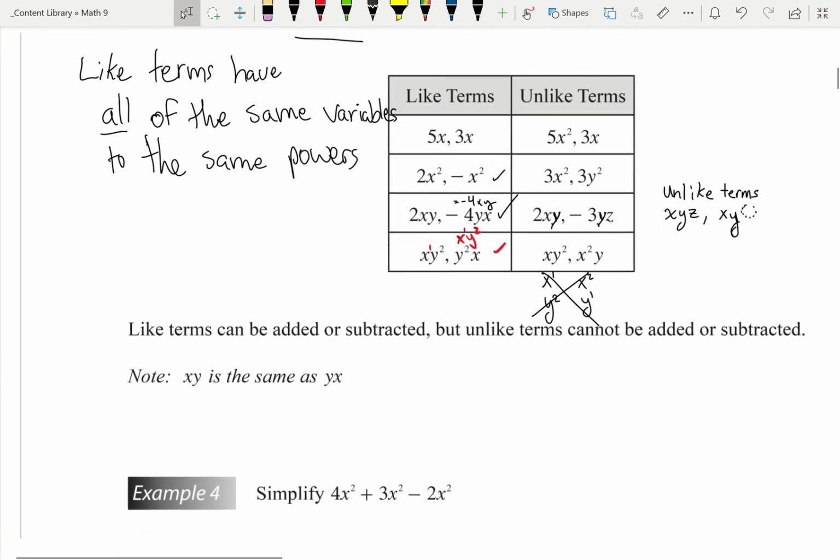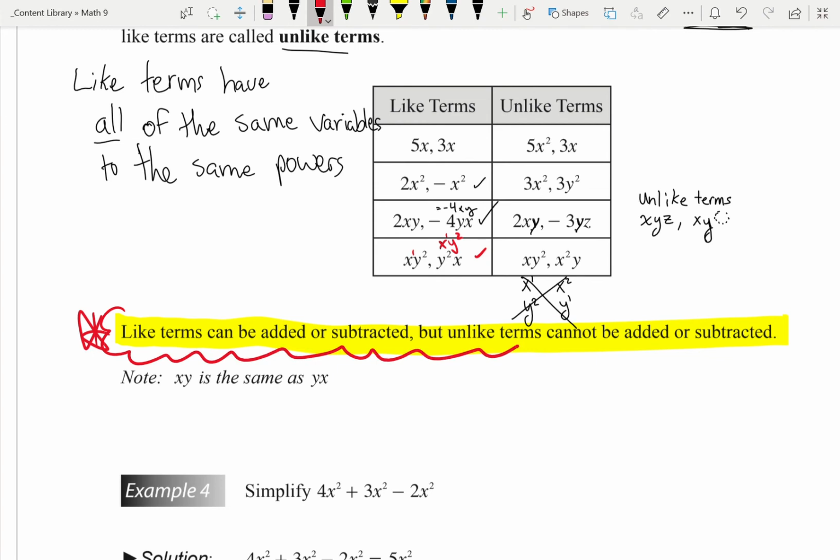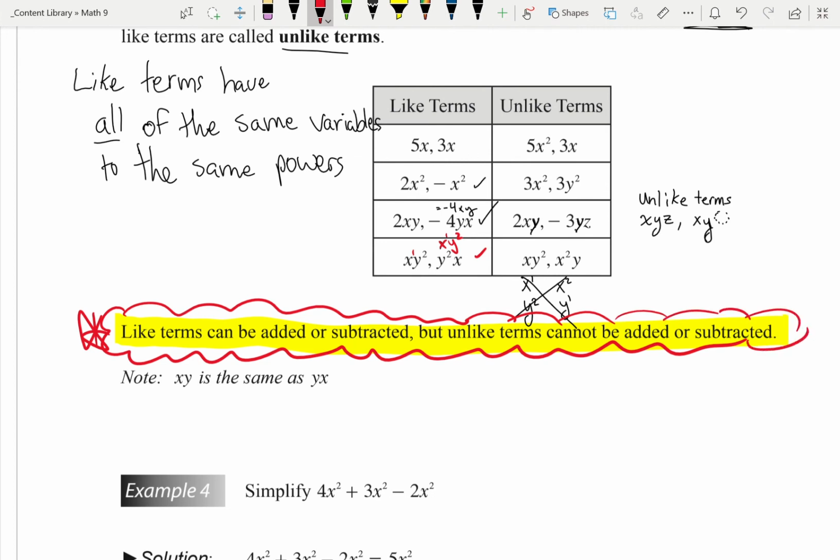Now, the key takeaway for this section is that like terms can be added and subtracted, but unlike terms cannot. This is super important for the rest of math. When we work with variables, we are looking for like variables to add together and subtract, and we want things to simplify down into like variables because we can work with them.